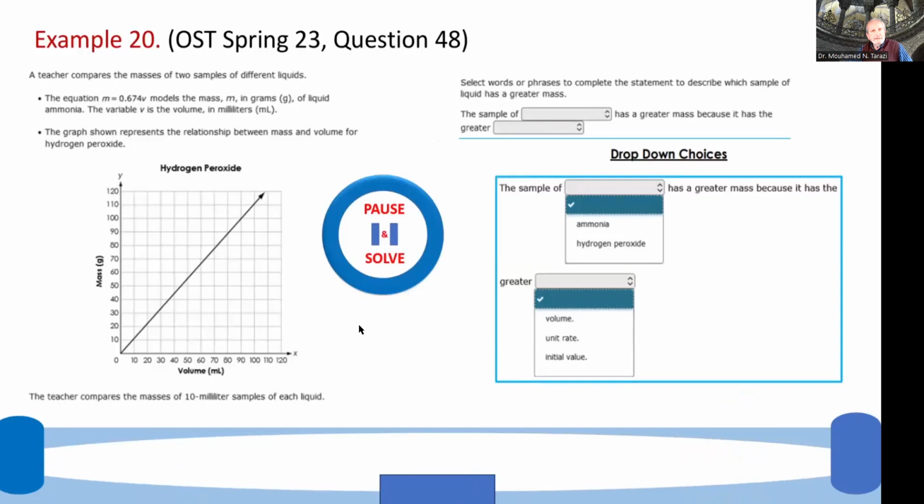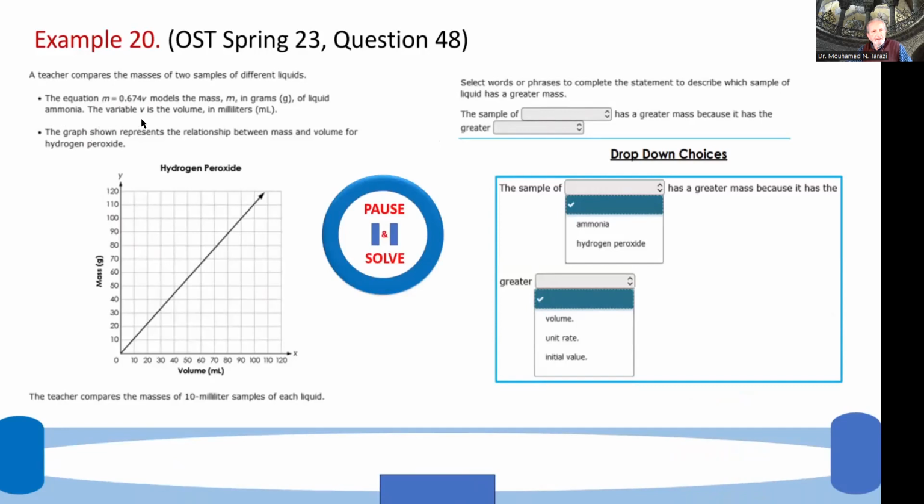This is another example. A teacher compares the masses of 2 samples of different liquids. The equation M is equal to 0.674 V models the mass M in grams of liquid ammonia.